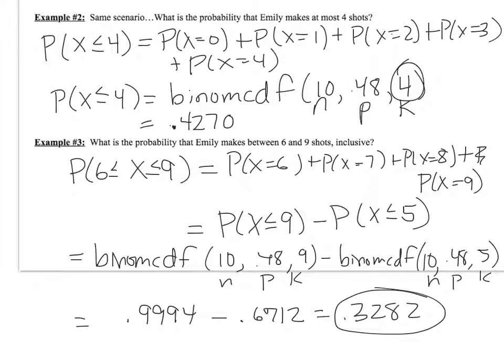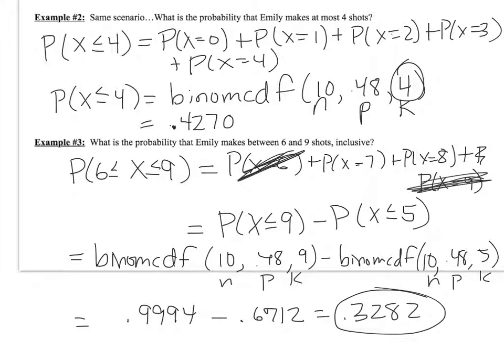Again, this problem would look very different if these were not inclusive. If they were exclusive, and it was just between 6 and 9 exclusive, right off the bat I would come up here and cross off the x equals 6 and the x equals 9.